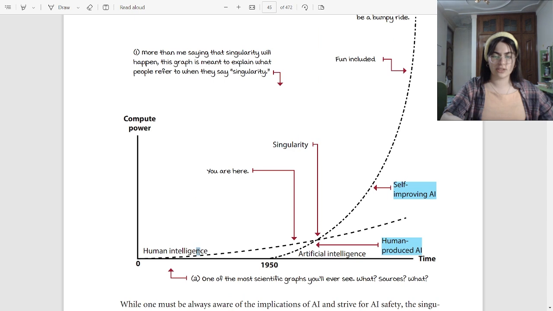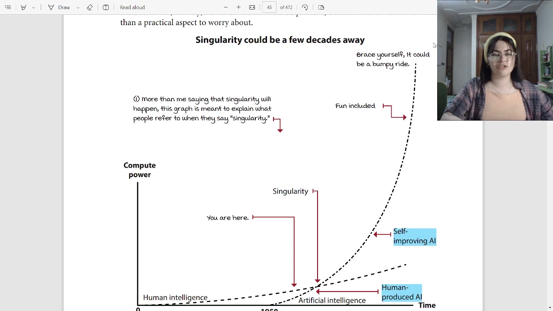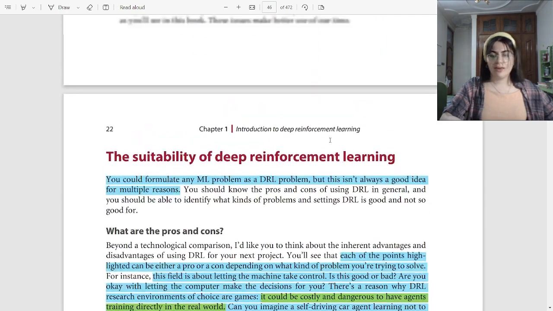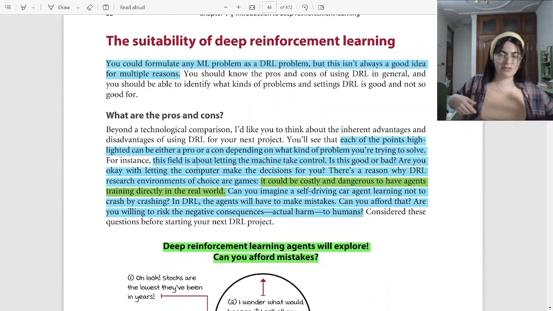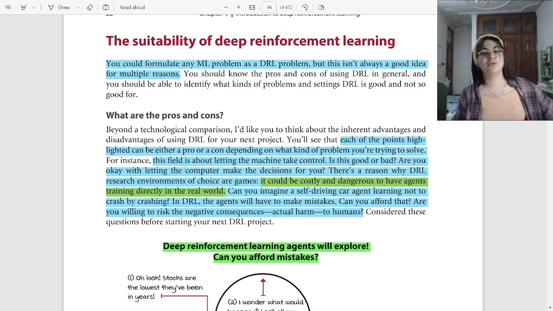We have the human intelligence curve like this, and then the artificial intelligence curve, and there's this point, maybe this year, maybe next year, where the 2 graphs will merge. After the singularity, artificial intelligence will have exponential growth and just go on, and then we will have self-improving AI and so on. So that's some history, explanation, studies that have been done, and maybe the future of AI.